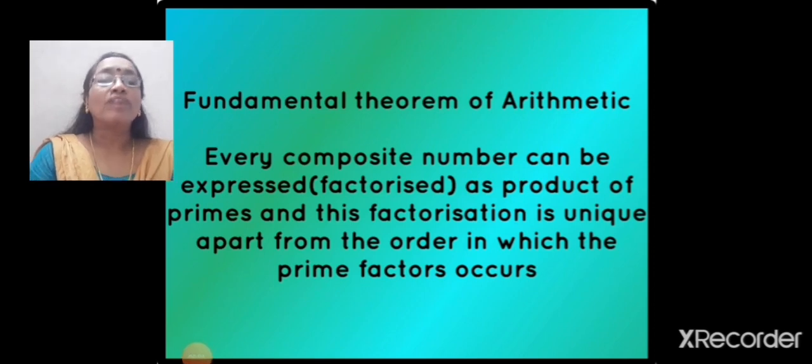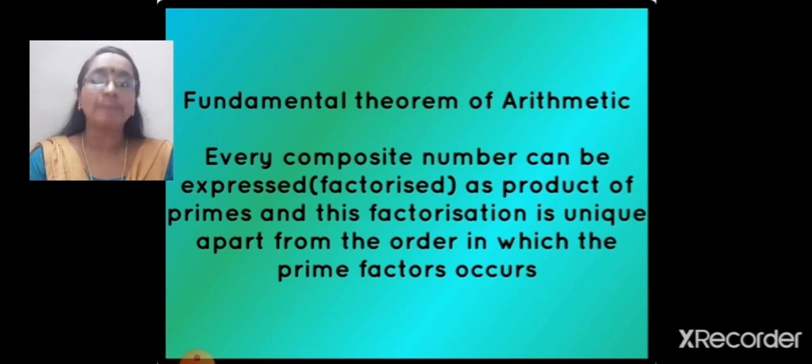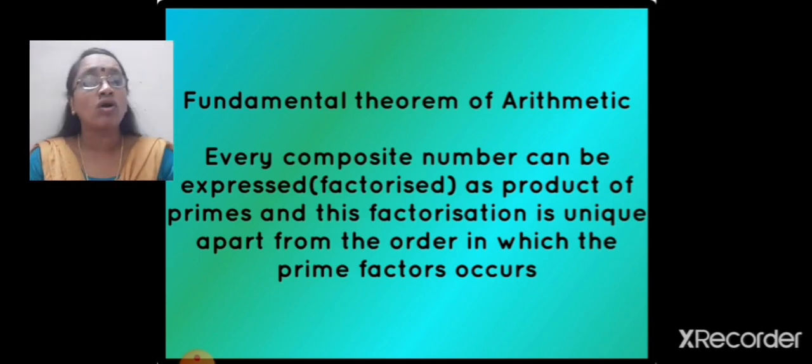Fundamental theorem of arithmetic statement: every composite number can be expressed or factorized as a product of primes, and this prime factorization is unique apart from the order in which the prime factors occur. This is the statement of the fundamental theorem of arithmetic.